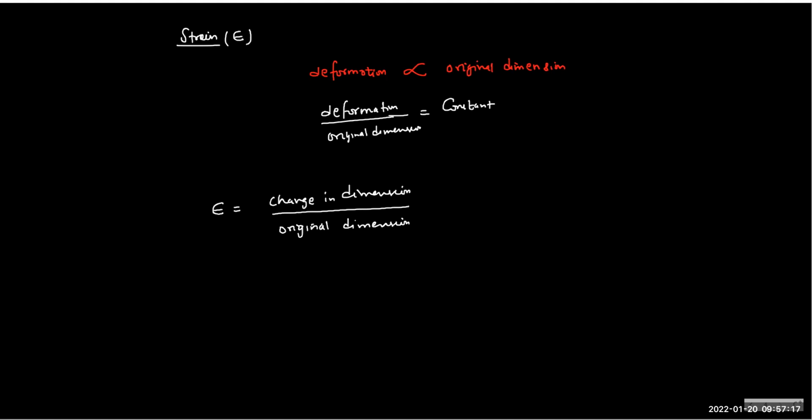So if you talk about the rubber band example, it will have very large strain. But if you talk about the steel bar, then it will have very small strain, correct? Because the dimensional changes are not very significant.